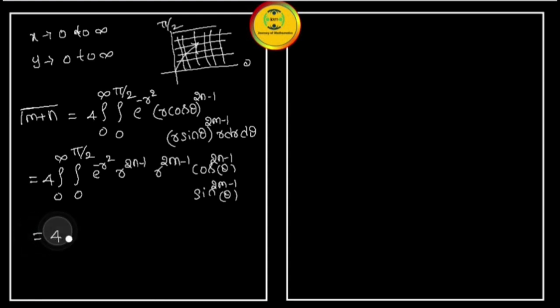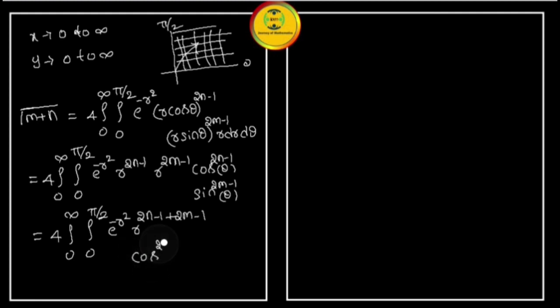So this one is equal to 4 into integral 0 to infinity, integral 0 to pi by 2, e power minus r square, r power 2n minus 1 plus 2m minus 1, into cos power 2n minus 1 theta into sin power 2m minus 1 theta, into r, that means plus 1 here, dr d theta.